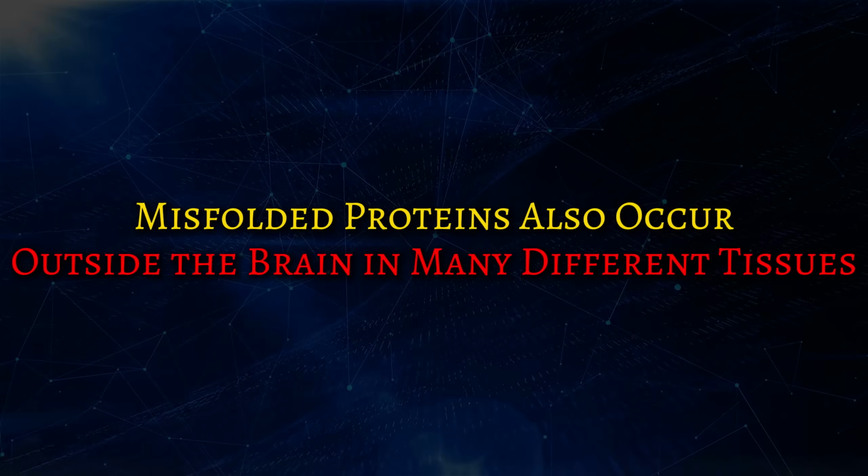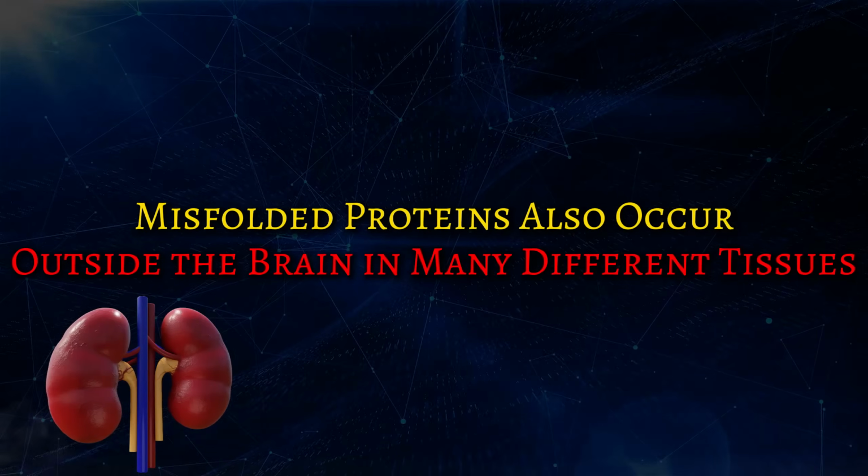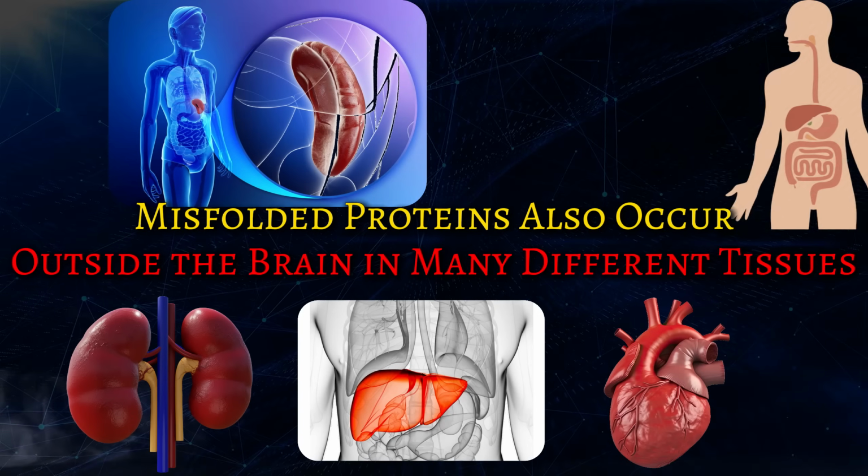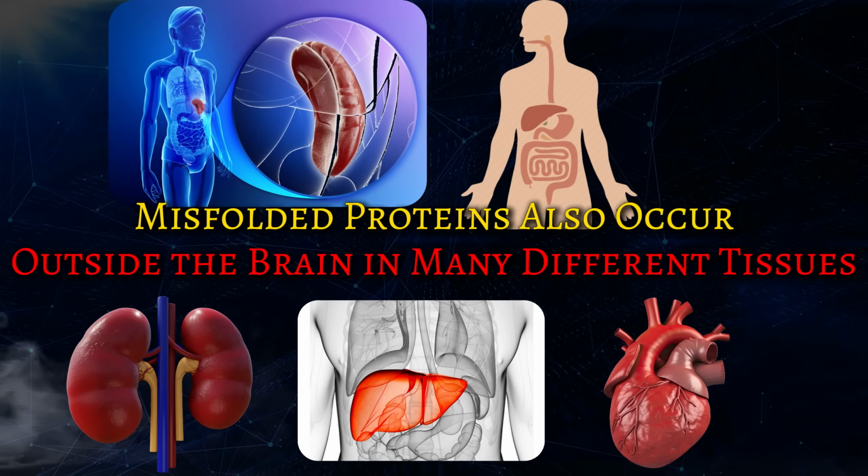So you could have stuff accumulating in your kidney, in your heart, in your liver, in your spleen, in your GI tract. Guess what? They're different amyloid proteins. They're all folding in a similar manner. And my theory has always been that heparan sulfate, these proteoglycans, are found in all these diseases.